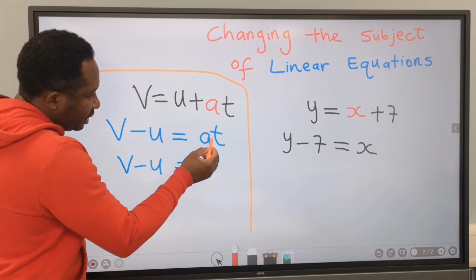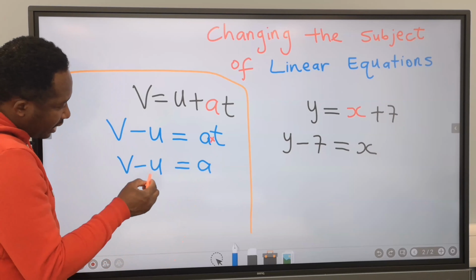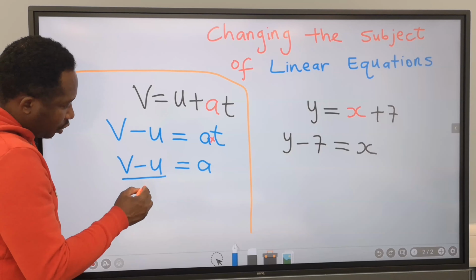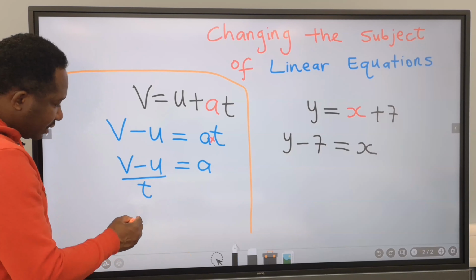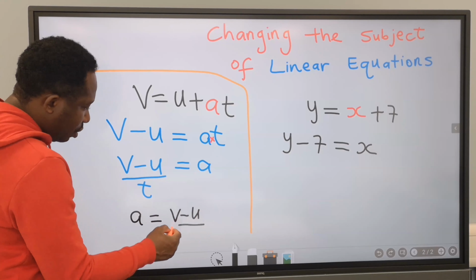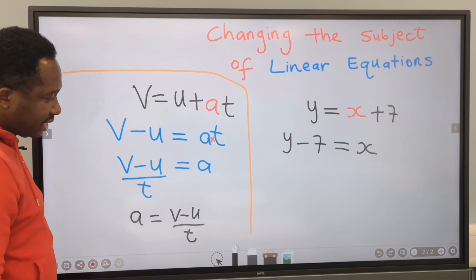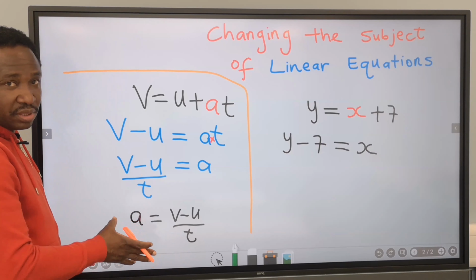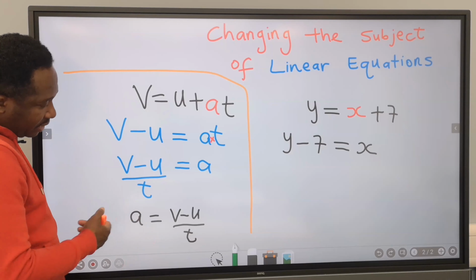And because t is multiplying a, on the other side of the equal sign it is going to divide. You can rearrange this as a is v minus u over t. These two are the same. This becomes our answer, making a the subject.